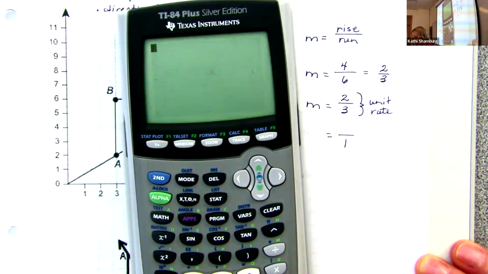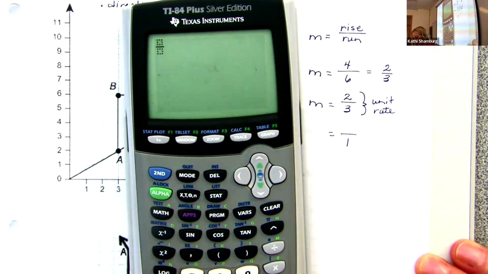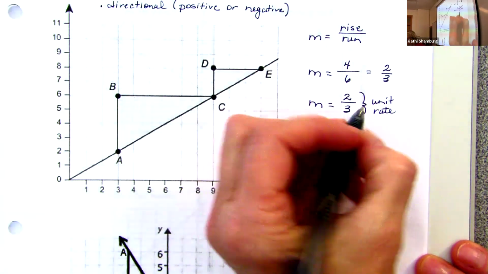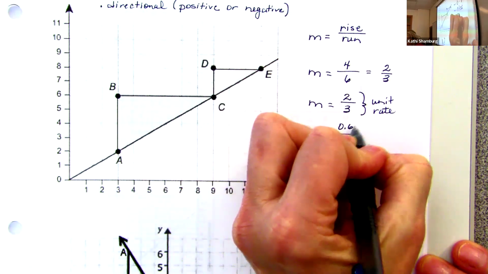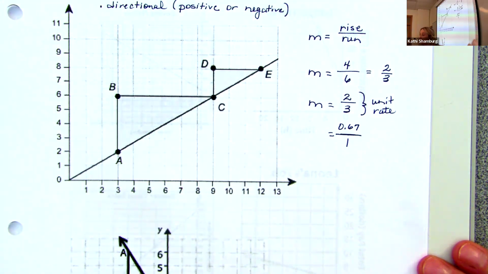All right, so I'm going to go to my calculator and put in 2/3. Get 0.666666. So I'm going to write 0.67. Now, if I knew what those units represented, I would label it, but I don't.